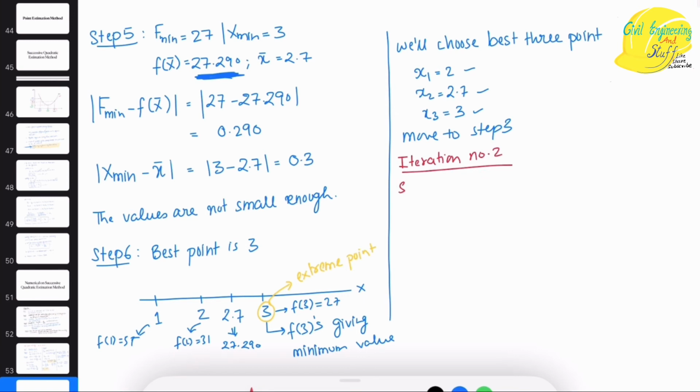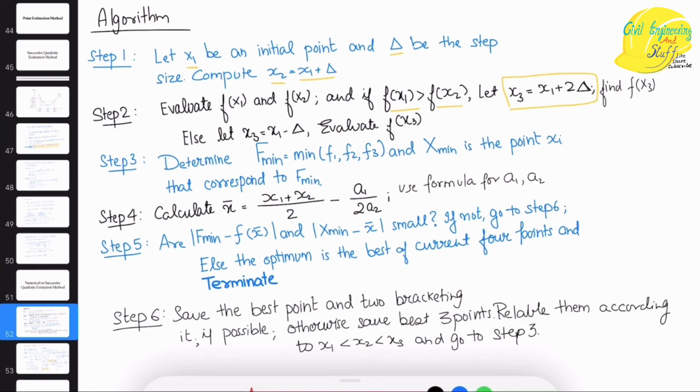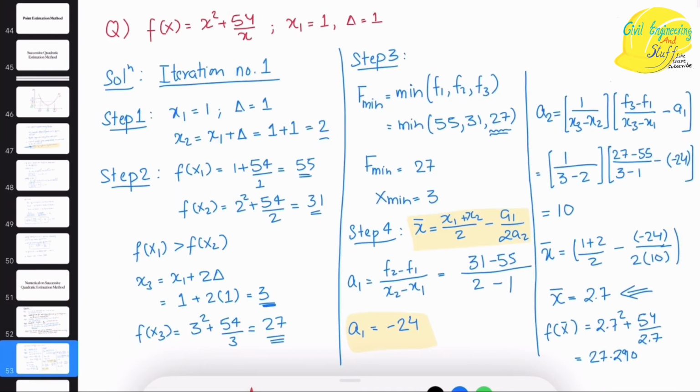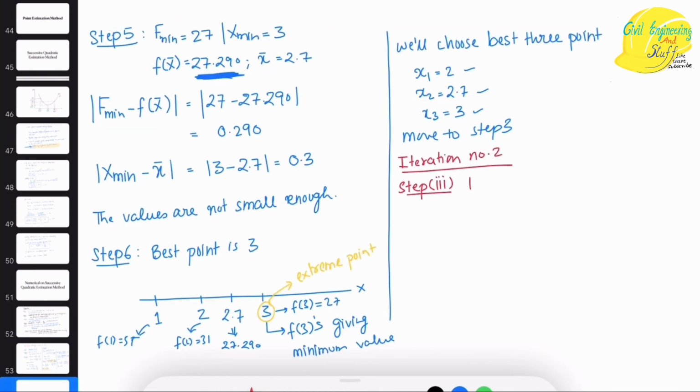So we'll move to step number 3. Step number 3 is we have to find out the minimum value and x minimum point. So f minimum, right? The value of f at 2 was 31, at 2.7 was 27.290, and at 3 was 27, right?